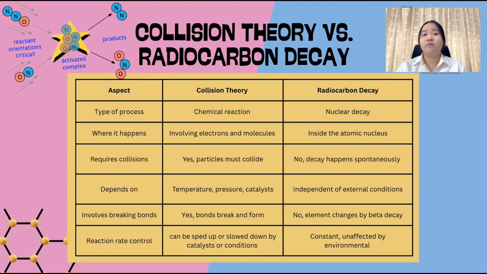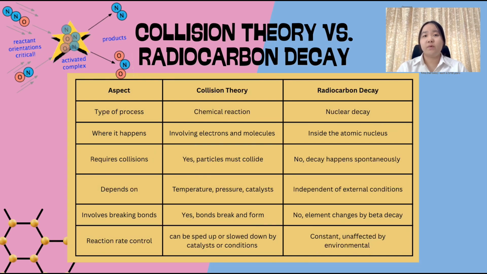On the other hand, radiocarbon decay is a nuclear process that happens inside the atom's nucleus. It doesn't involve any collisions or breaking chemical bonds. Instead, a neutron in a carbon-14 nucleus changes into a proton and emits a beta particle in a process called beta decay.